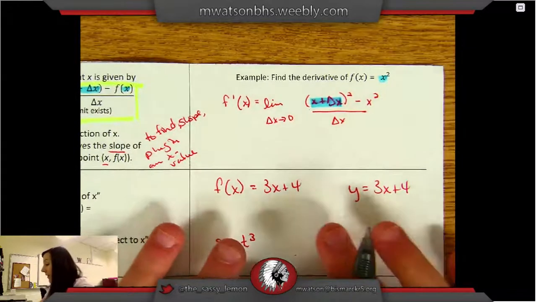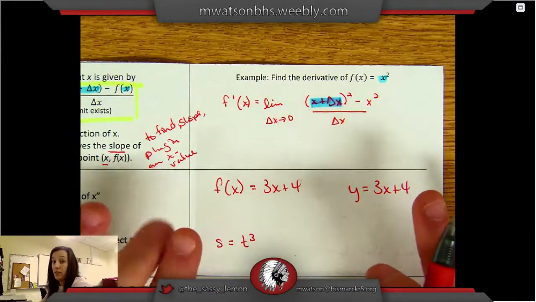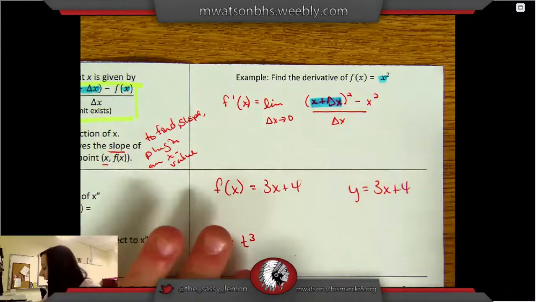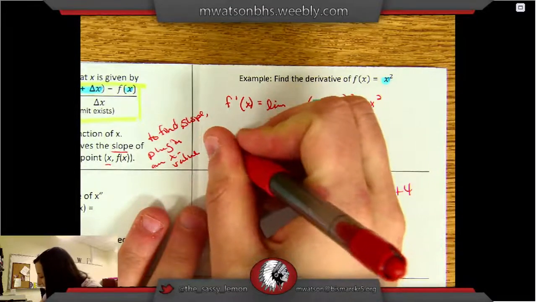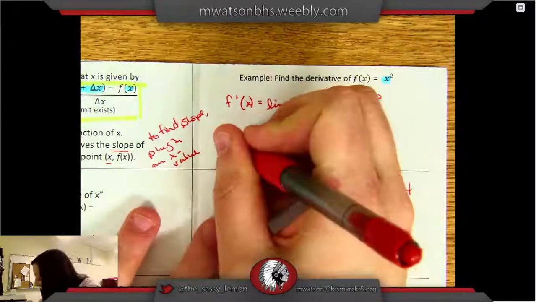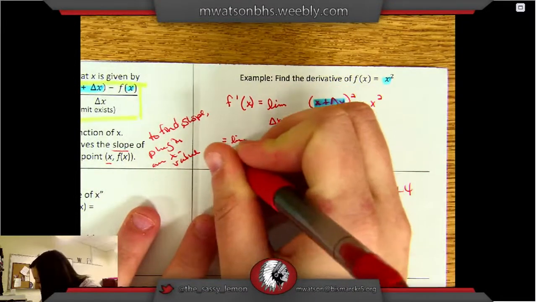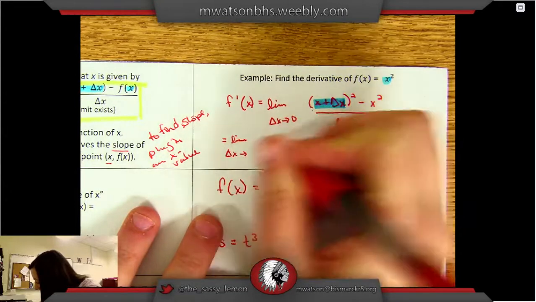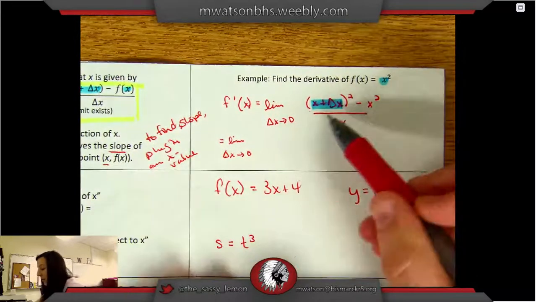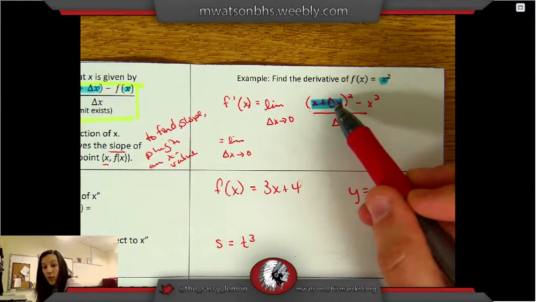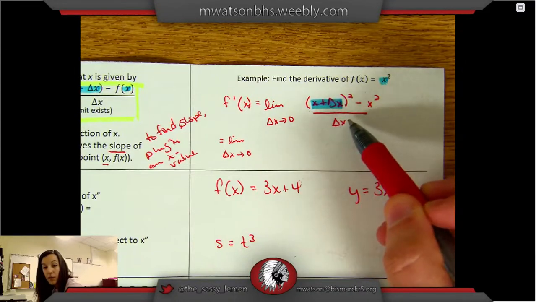And then we will simplify. Now I wrote this a little bit way too big. So I'm going to try to go over here a little bit. And I've got the limit as delta x approaches 0 of, I'm going to square this quantity, which means I need to double distribute.